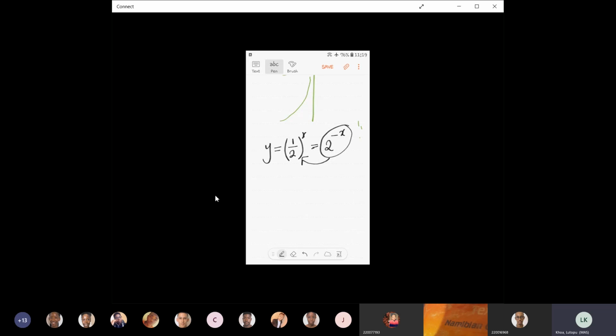And when I rewrite it in that form, I should know that the general shape is that one. So this is my x-axis, that is my y-axis, and this point over here is always equal to 1. That is what it looks like.